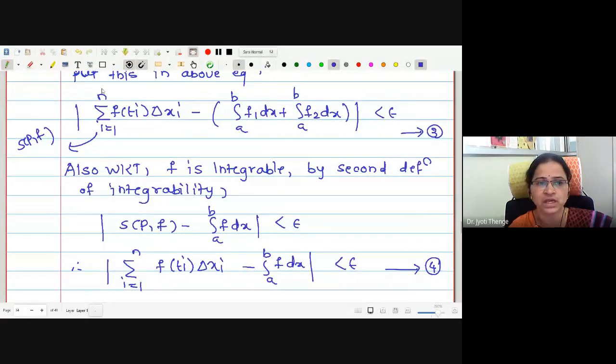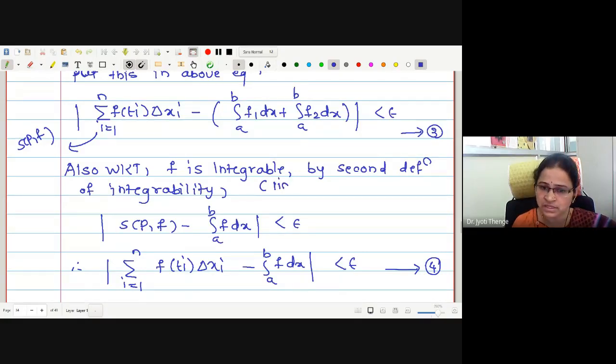This is SPF. This is also SPF. Both the statements tell us that limit SPF exists. Equation number 3 tells that limit SPF is this value, integration a to b f1 plus integration a to b f2. Equation number 4 tells that limit SPF is integration a to b f. But as the function f is integrable, the limit exists.